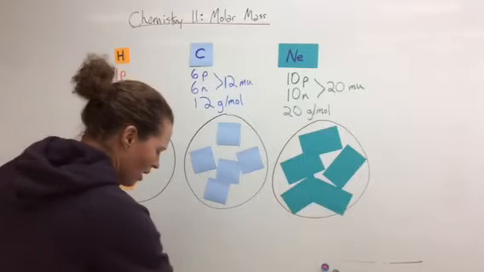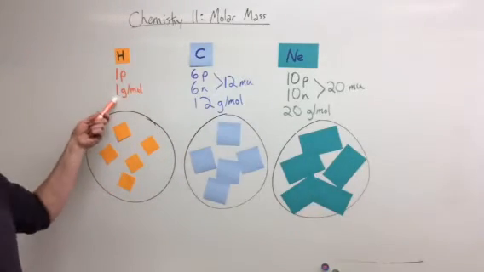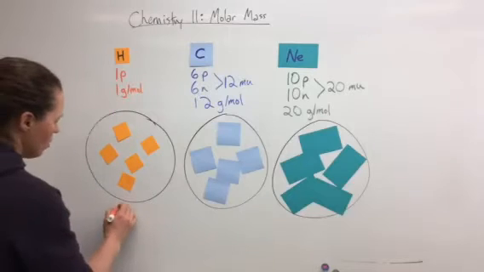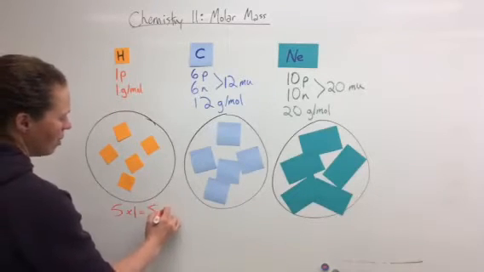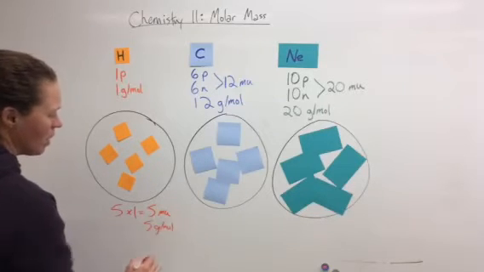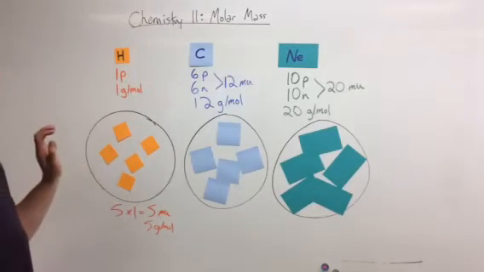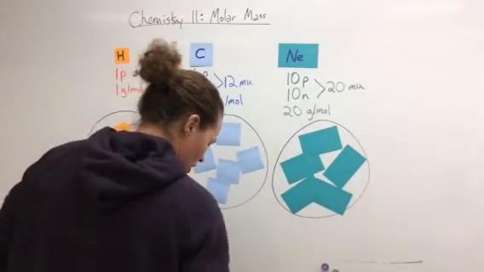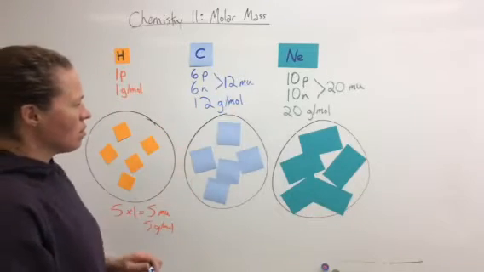Now remembering that 5 hydrogens are each worth 1. So 5 of those guys times 1 is going to give me 5 mass units, or 5 grams per mole. So the mass here is 5. When I look at the next one over, each one of these is worth 12.